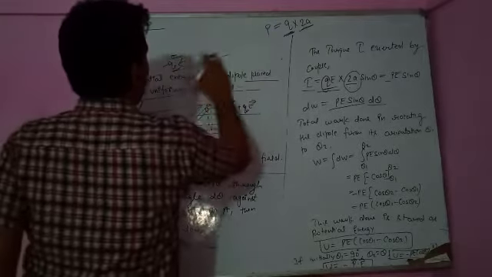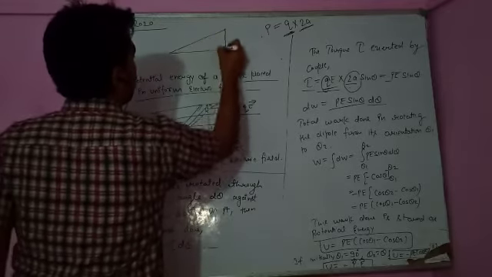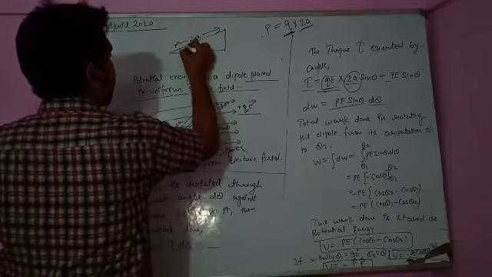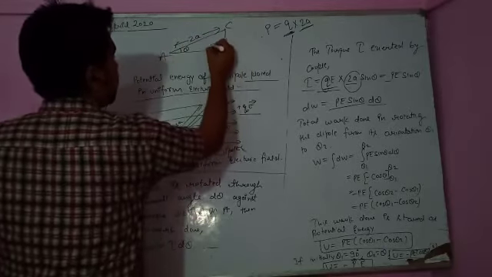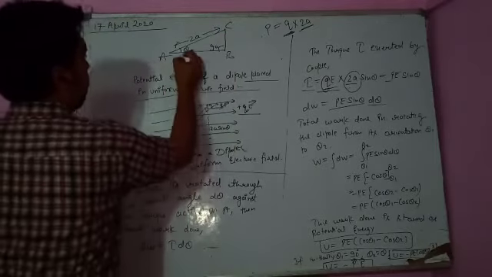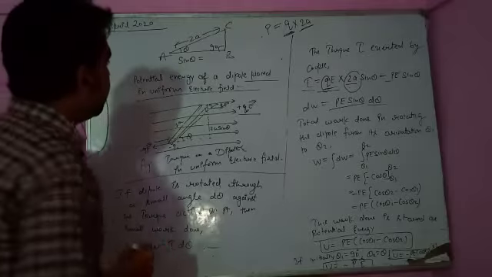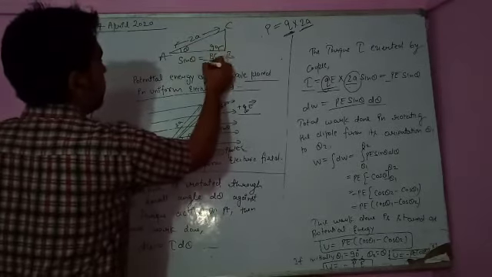If you are not understanding this, I can resolve it in front of you. So this length is 2a, and this angle we have assumed theta. So this is A, this is B, this is C, and this angle is 90 degrees. What is the value of sin theta? Sin theta is equal to perpendicular upon hypotenuse. The perpendicular is BC, divided by the hypotenuse, which is 2a.